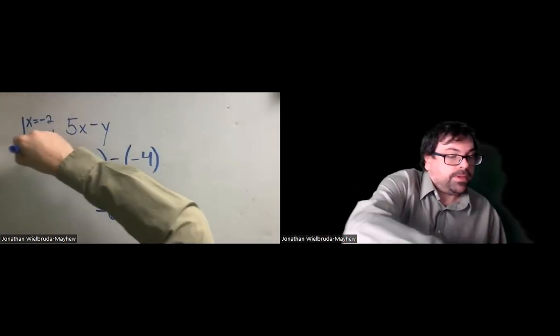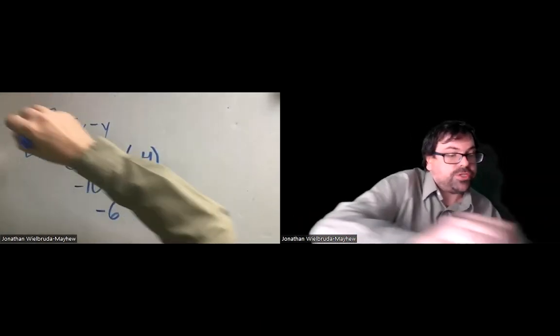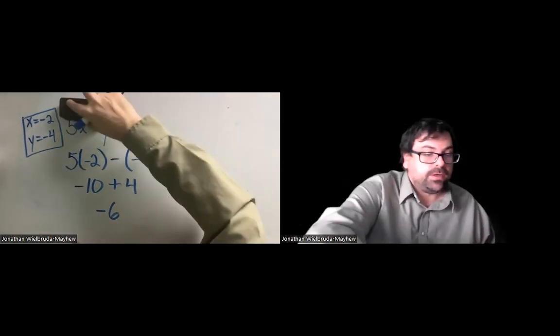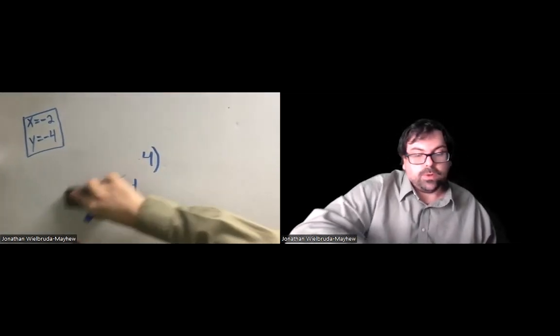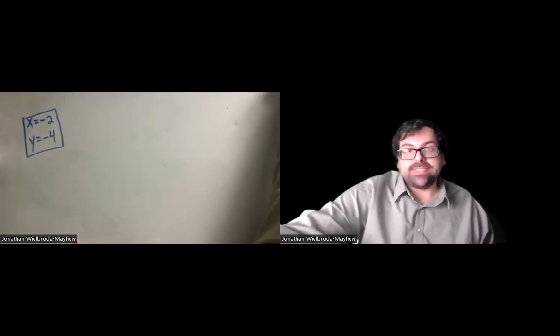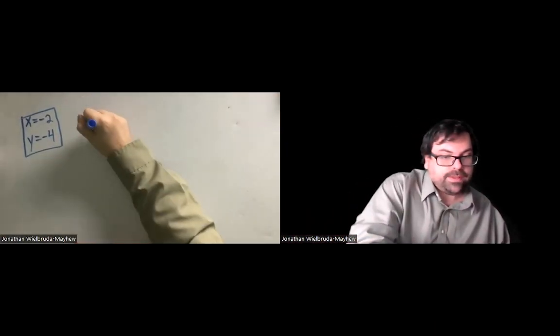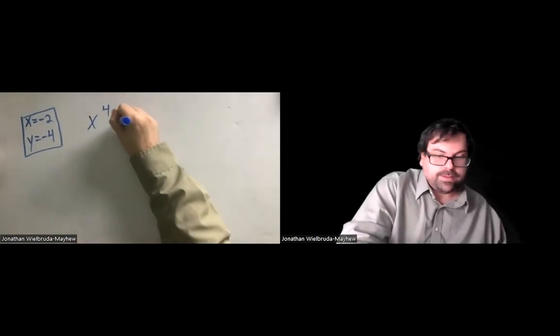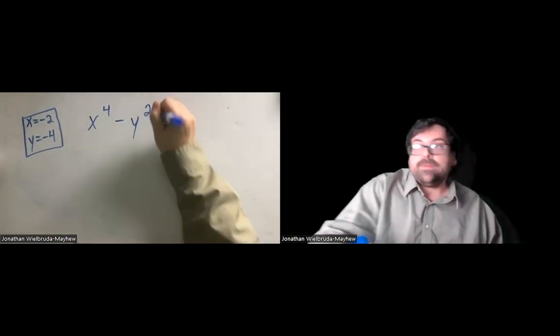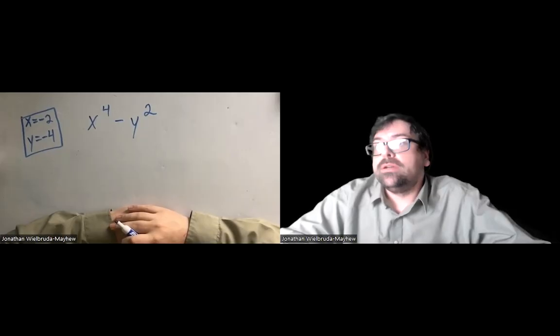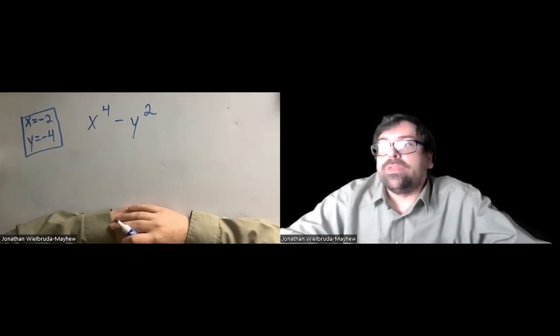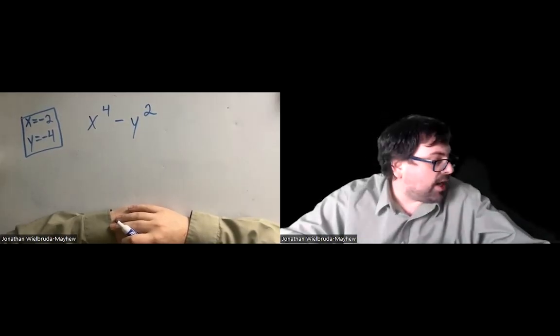We're going to keep x equals -2 and y equals -4. We're going to change the expression. This time we're taking a look at x to the 4th minus y squared.